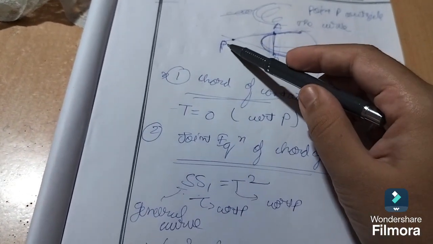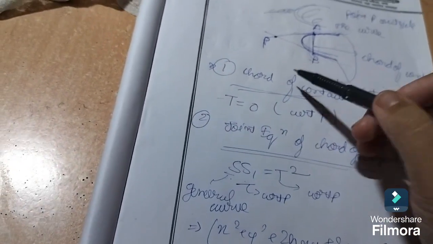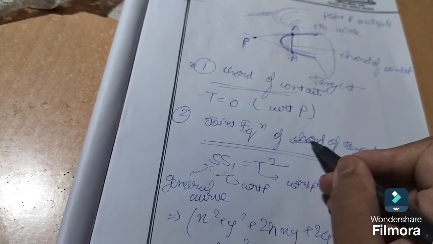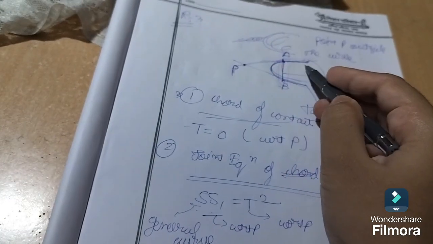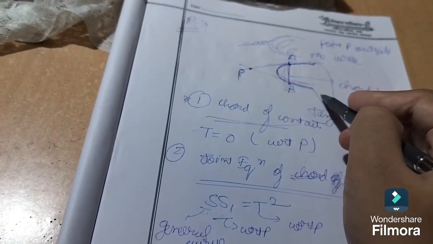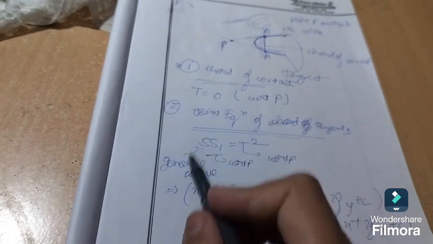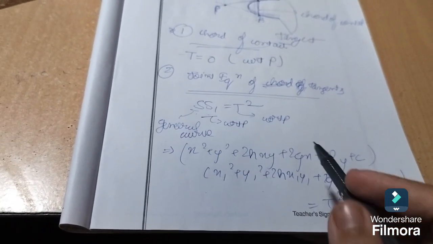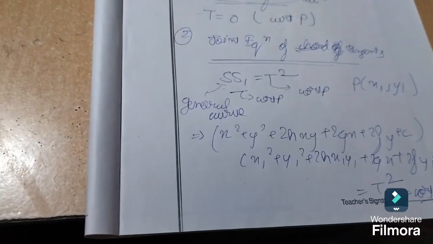Basically, this is the joint equation of tangents: SS1 is equal to T square. S is the general curve, and P is x1 y1, right? So you have understood till this part.